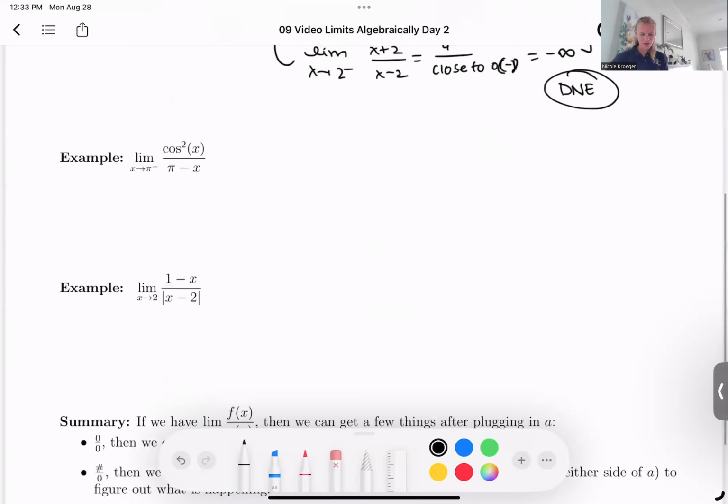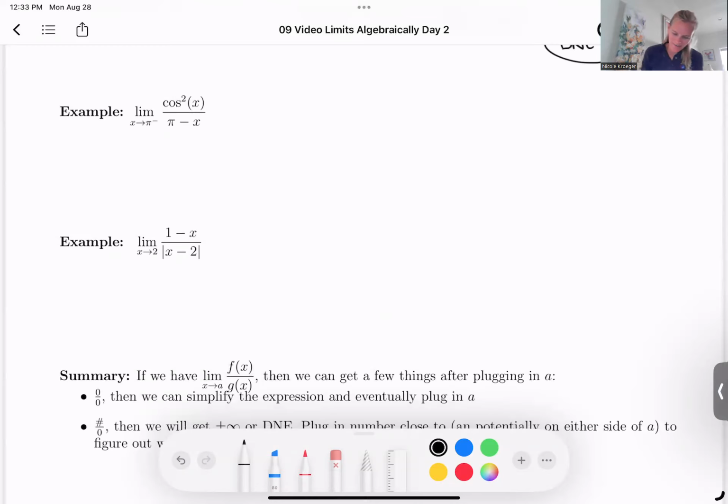Okay, let's keep going. So this one, if I plug in pi, we're looking at pi from the left. Cosine of pi is -1, cosine squared is going to be +1, and then pi minus pi is going to be 0. So we're getting a number over 0, which means we have to plug in something close to pi, but a little bit smaller.